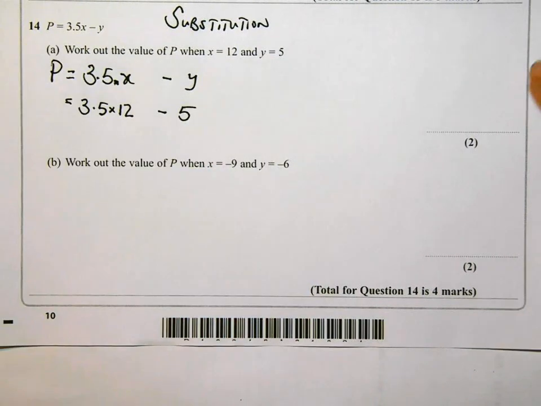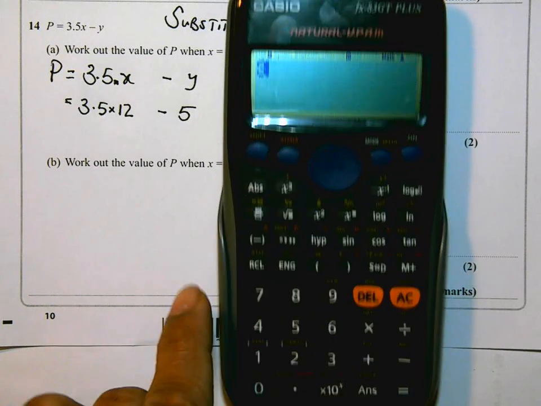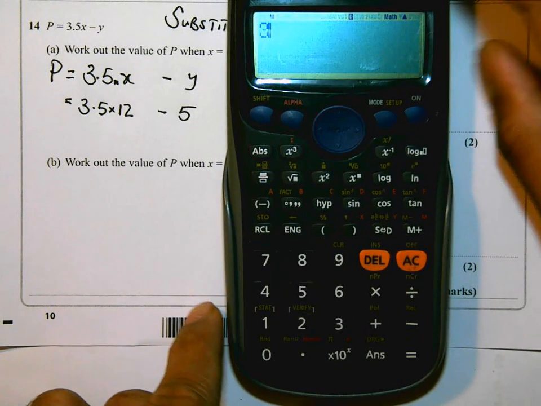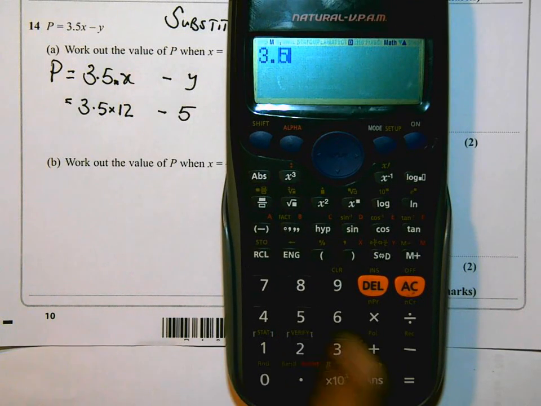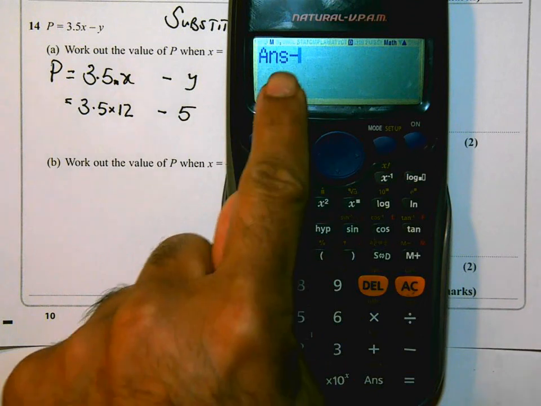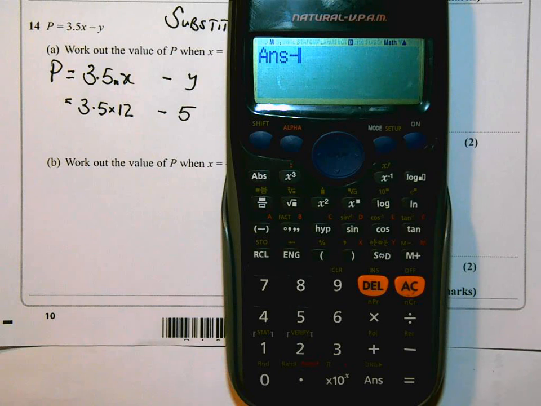Now we can do all of that on the calculator. I'm going to do it in 2 steps. 3.5 times 12, that's 42, and then I'm going to take away. Now, I don't know if you understand, but the word ANS means the last answer that came up on the calculator.